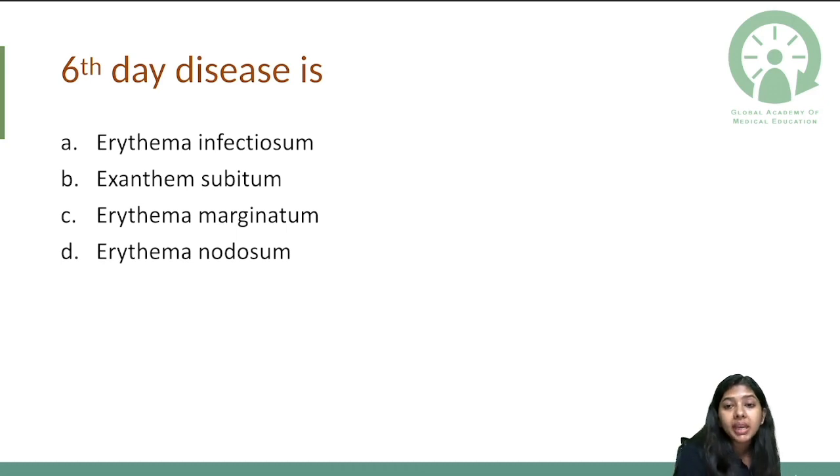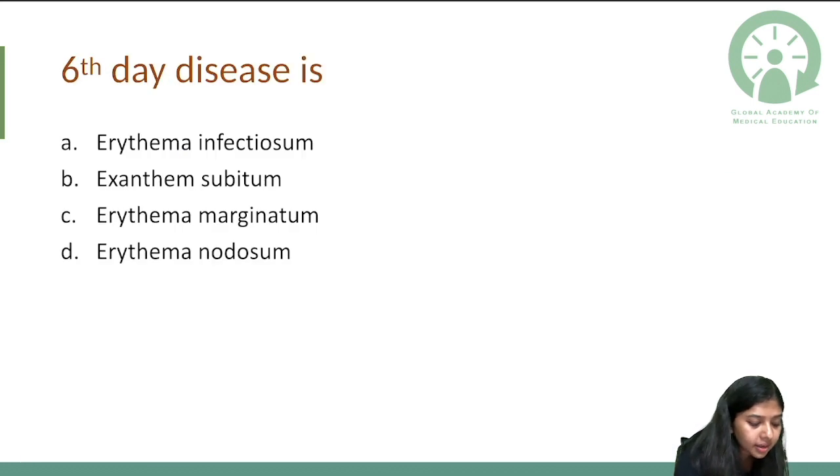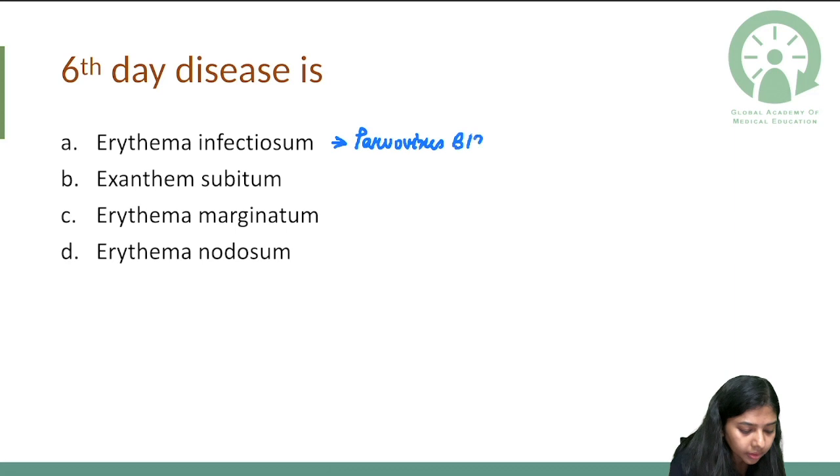Next question, 6th day disease is. Please remember there are some named diseases, right? So you have to remember all the named diseases. So 6th day disease is exanthem subitum, right? What is erythema infectiosum? Let's look at them. This is caused by parvovirus B19. It's a viral infection caused by parvovirus B19.